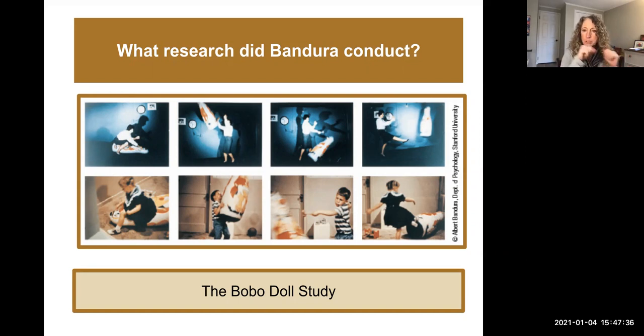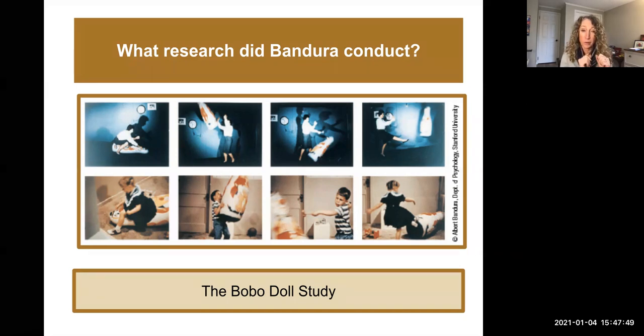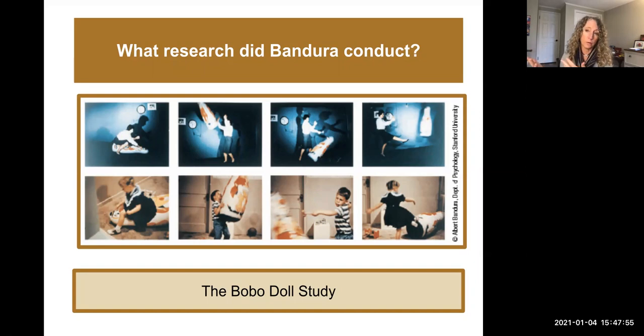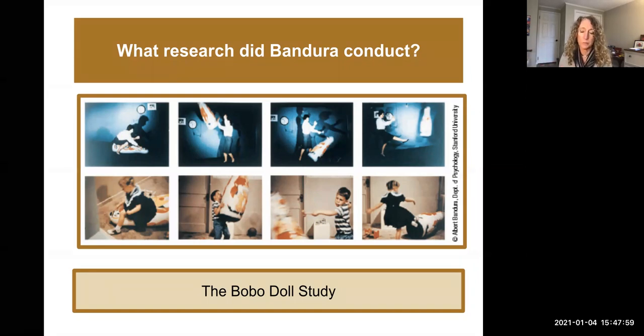It's kind of like a punchy doll. I used to have one in a classroom, and I'm hoping to get another one. In the experimental group, they observed the model being really aggressive towards the Bobo doll. In the other group, the control group, they observed the model being really kind and gentle.